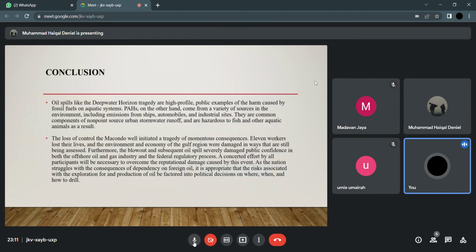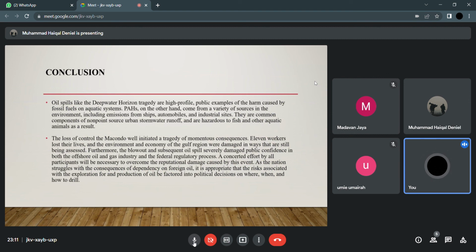For the conclusion, oil spills like the Deepwater Horizon tragedy are high profile, probably examples of the harm caused by fossil fuel on aquatic systems. PAHs, on the other hand, come from a variety of sources in the environment, including emissions from ships, automobiles, and industrial sites.